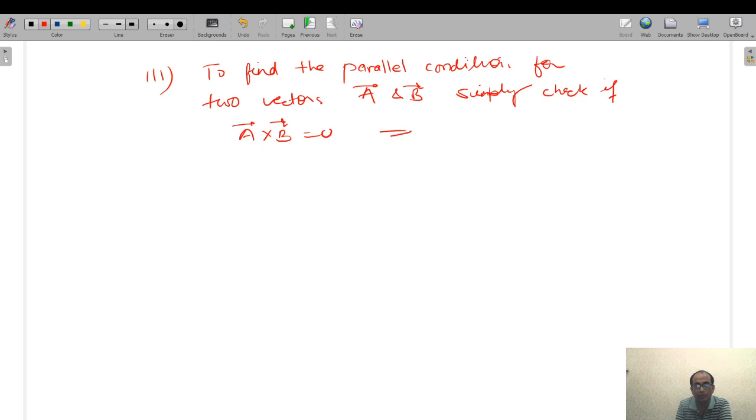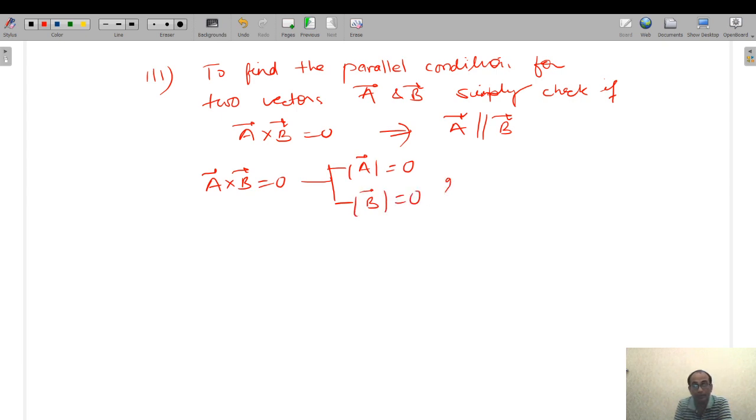So if A cross B is 0, that means what? That means vector A is parallel to vector B. That means the angle between them is definitely 0. Okay. A cross B is 0. It shows, see, from here we can have either magnitude of A 0 or magnitude of B 0, and if the magnitudes of these two vectors are not 0, then definitely the angle between them is 0, right? So or theta between them is 0. So from here we get this condition. So if one of these is not true, then definitely the vectors are parallel.